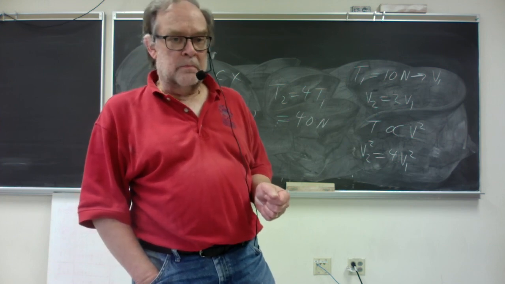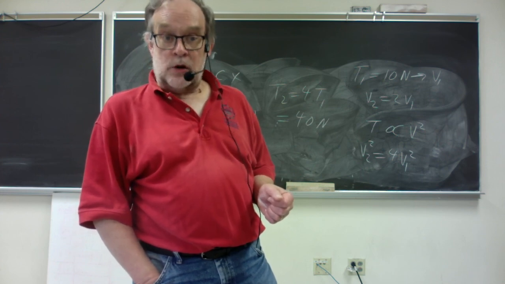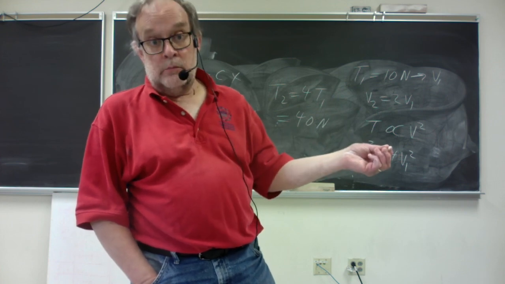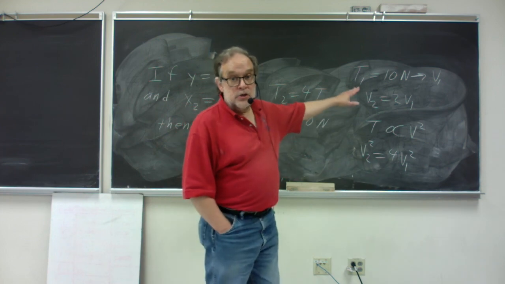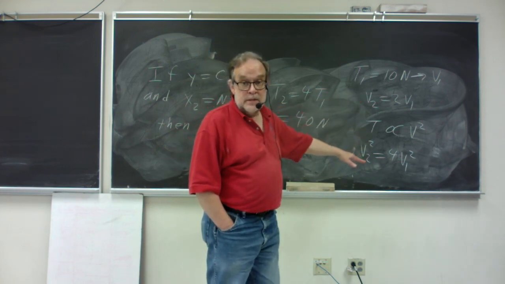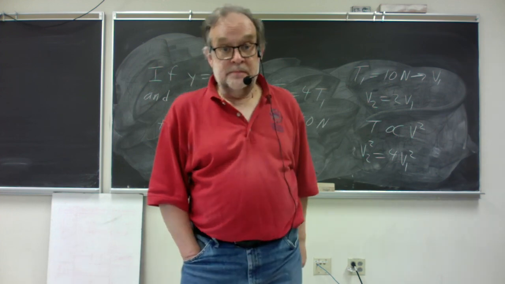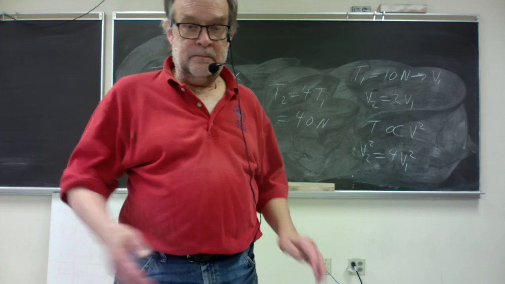No, because you can't say that, because speed is not related in a proportional way to tension. Speed squared was related in a proportional way. You had to go through these steps in order to get to the correct answer. The tension increased by a factor of 4, it didn't double.